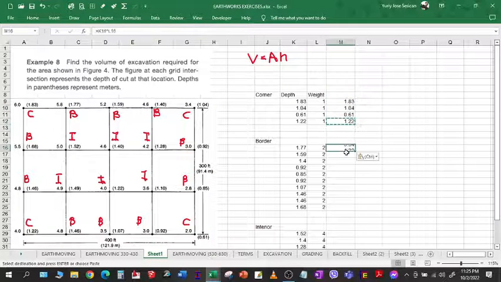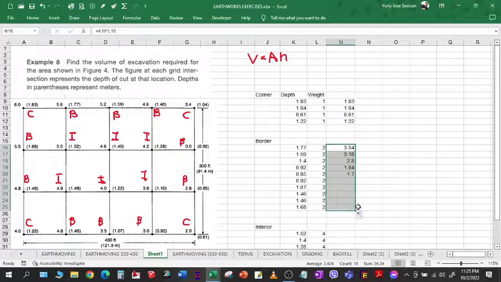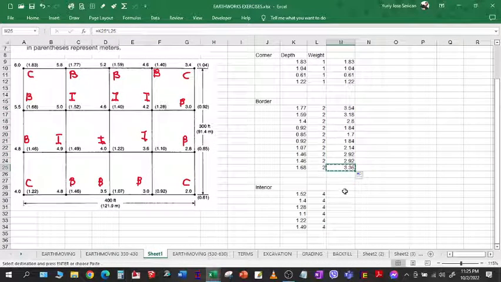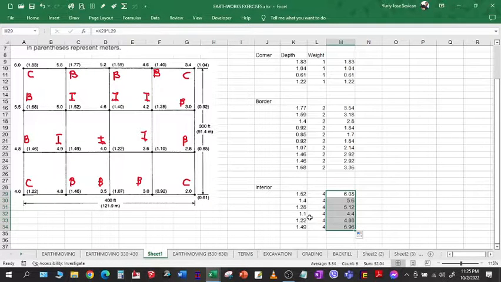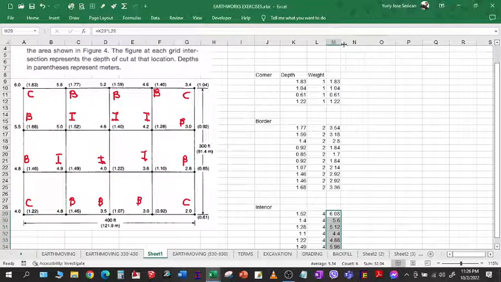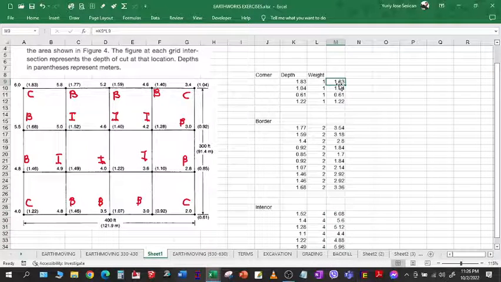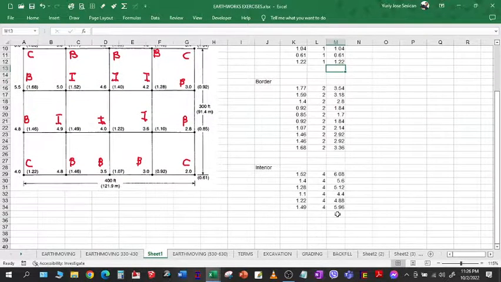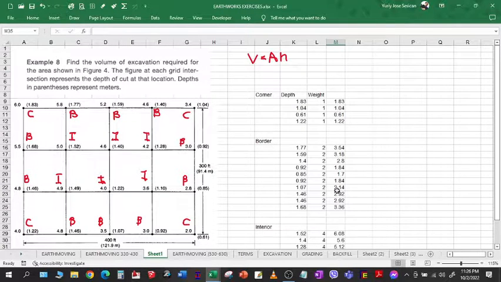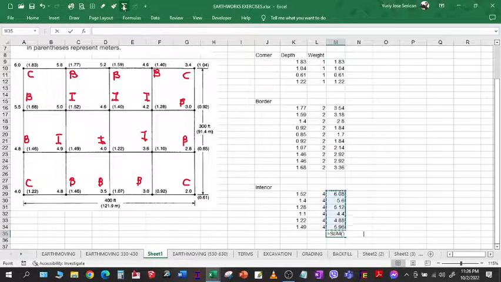Then let me copy this one. And let me copy this one. Alright, so we now have the depth multiplied to the weight, and let us try to have a summation of all of these values here. Let's sum up everything here.